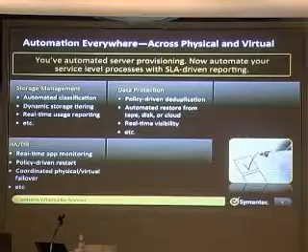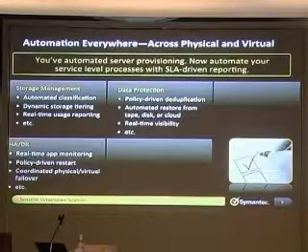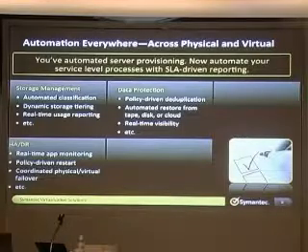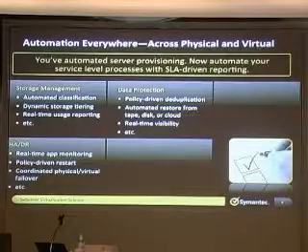So we call it application to spindle. With that view in VOM, you can drill down all the way, you can actually see exactly where your Oracle files are, on which physical disk. So that's the level we go to.